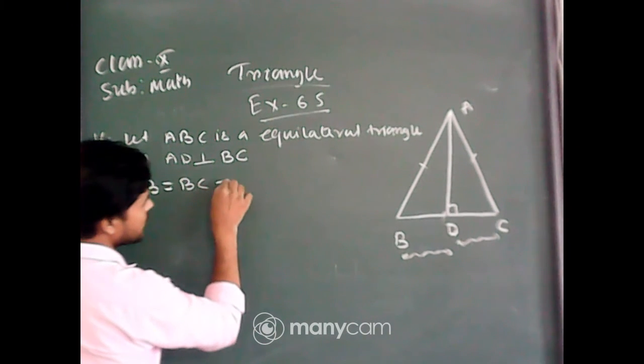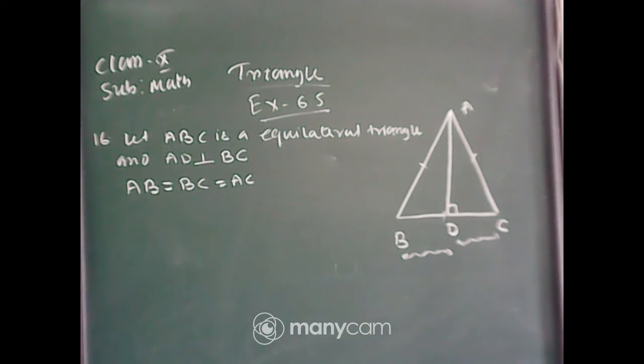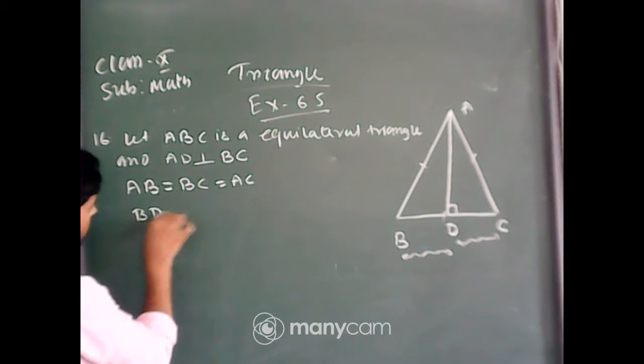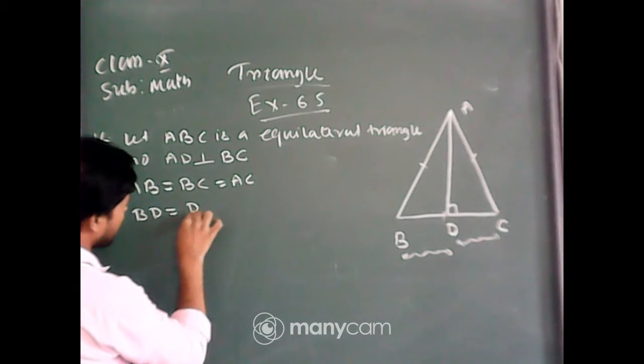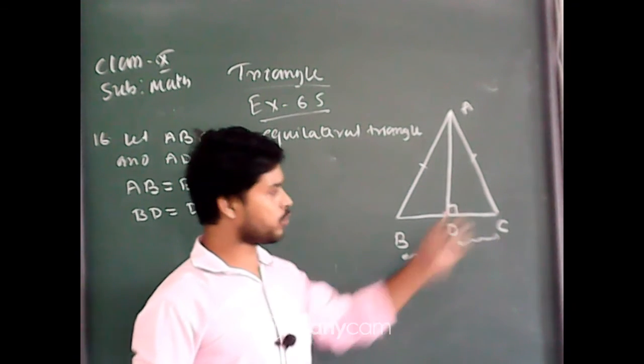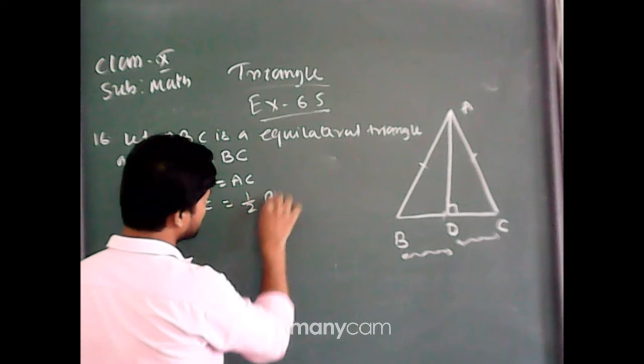Now as it is an equilateral triangle, we can say that the side AB is equal to the side BC is equal to the side AC, meaning all the three sides are equal. Also the length of BD will be equal to the length of CD, and it is equal to half of BC.